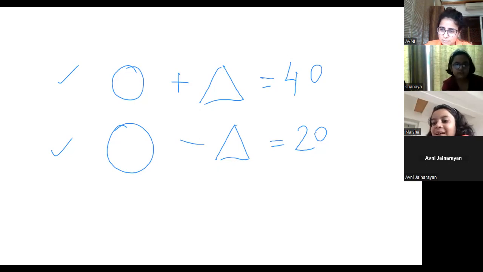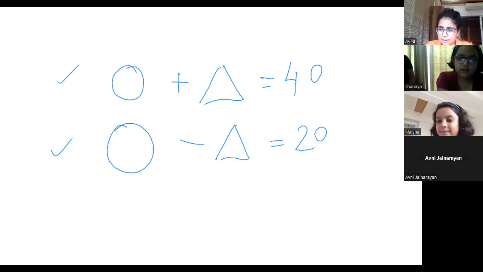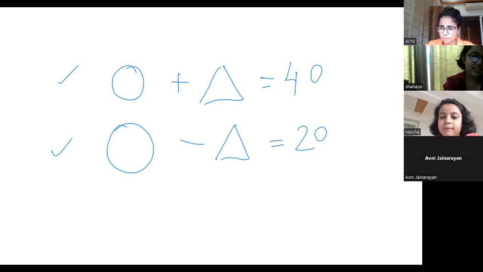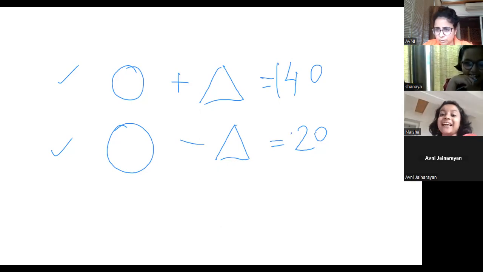Now, first we can find the circle's value by checking, but if this plus this is 40 and this is 20, so we can find it out easily. Okay, I will just change the question. Now tell me, can you tell me the answer?